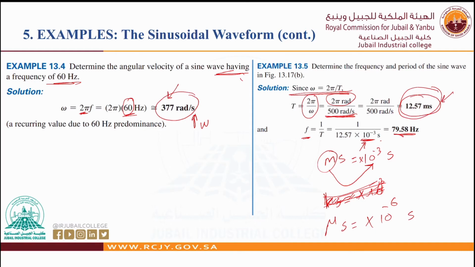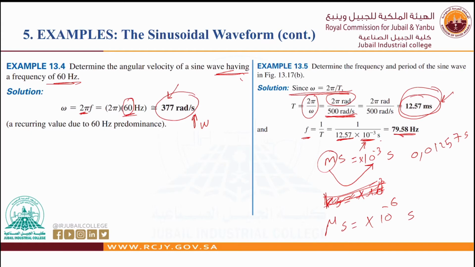What is milli? Milli is 10 to the power minus 3. So the number here is in seconds. If you put it in the calculator, it will be, if I am not mistaken, 0.1257 seconds.